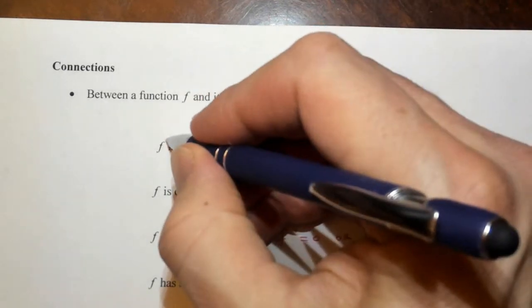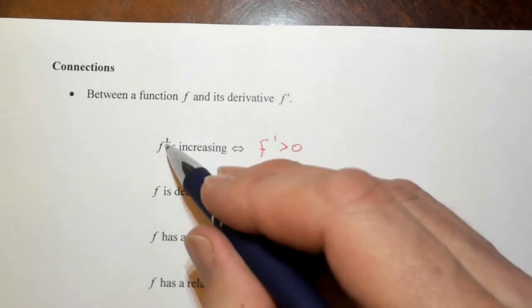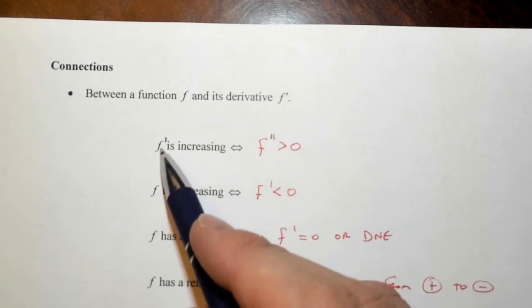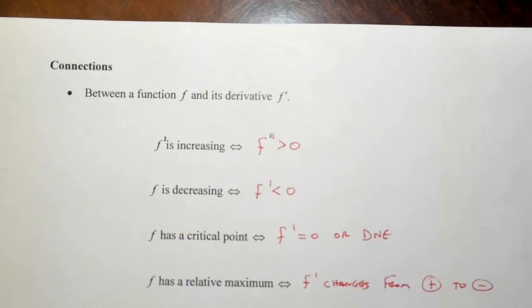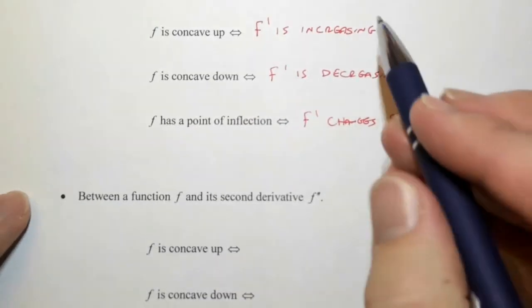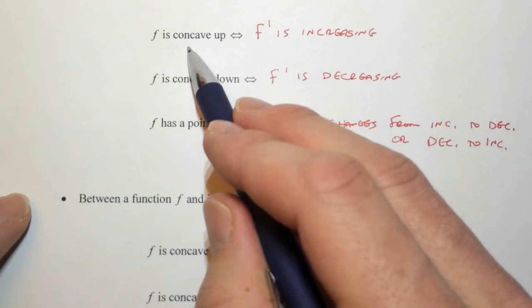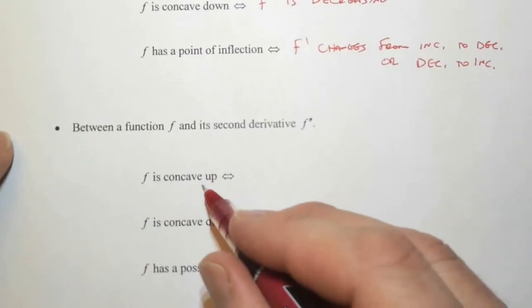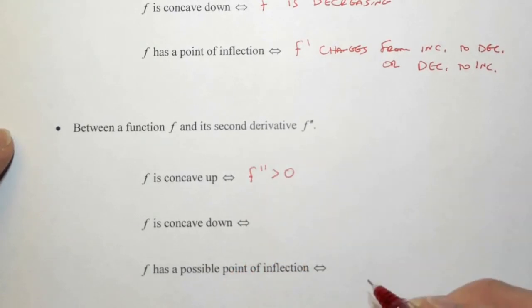Well, if I put a little marker here, now I have f prime is increasing. If I put a marker on this side, I need to put a marker on that side. So when f prime is increasing, the second derivative is positive. And when f prime is increasing, the function is concave up. So by the transitive property, a function is concave up when f double prime is positive.